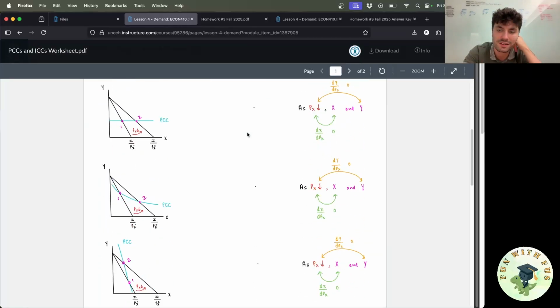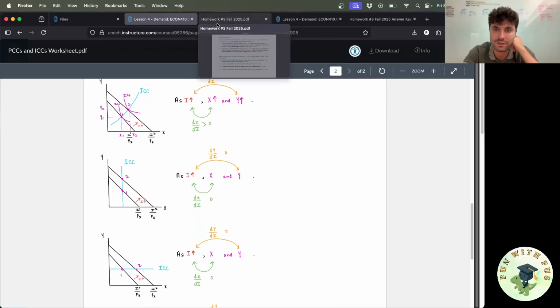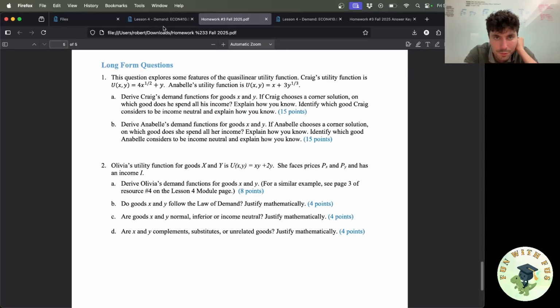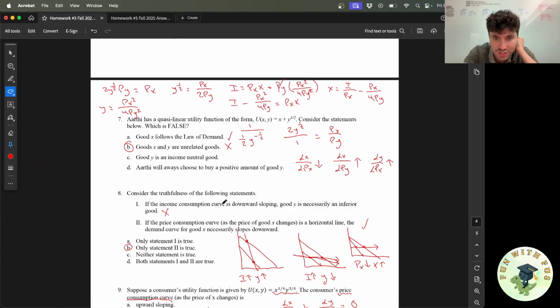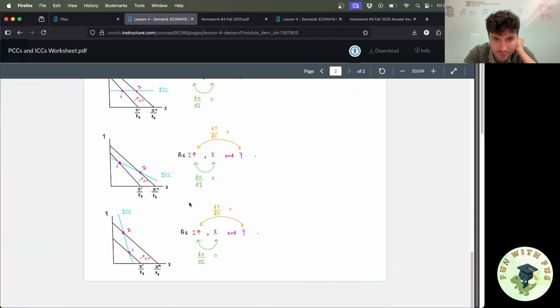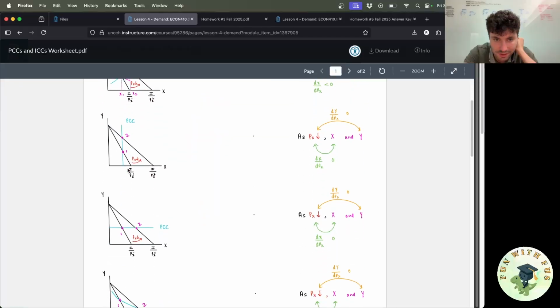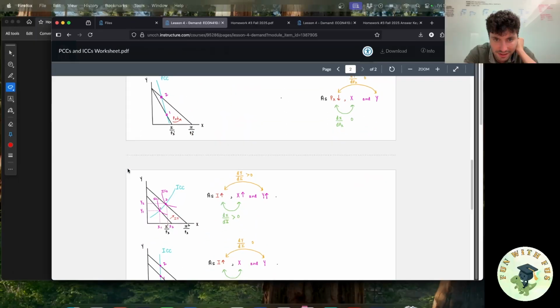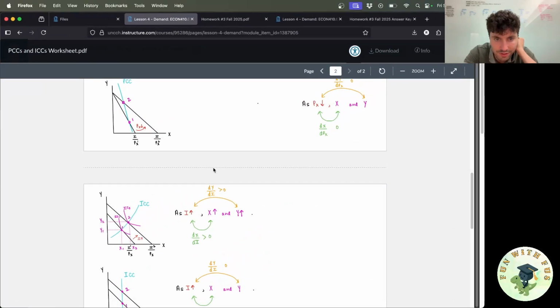For PCCs and ICCs, I was going to mention this question when we talked about number 8. So this is the help sheet I was referring to. If you looked at this, what was this, an income consumption curve? Yeah.